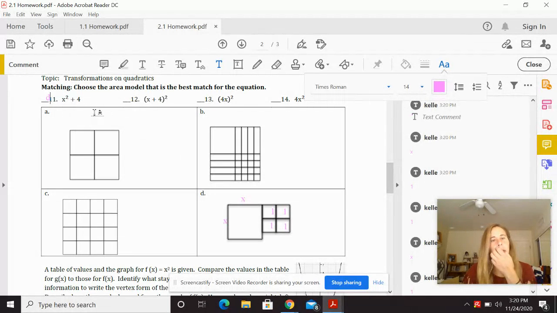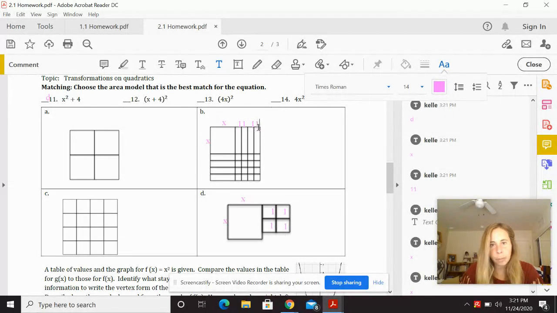Bam. 12, you have x plus 4 squared. Okay, so if it helps me, I'm not good with area models, so I like to label. So this is x, and then these are units. So this is, once again, put it at the top. 1, 1, 1.